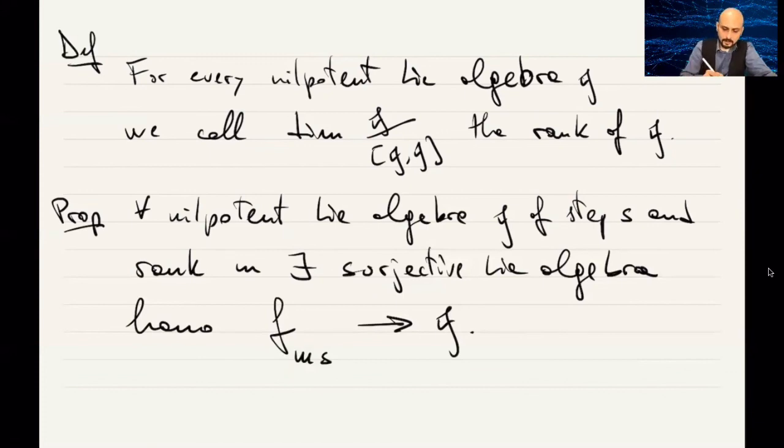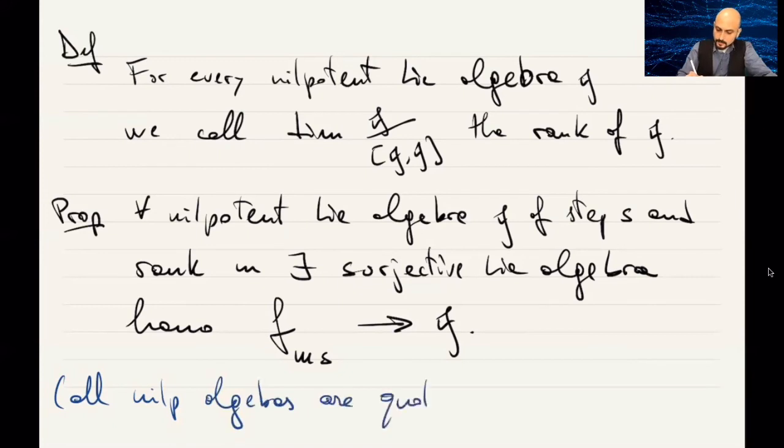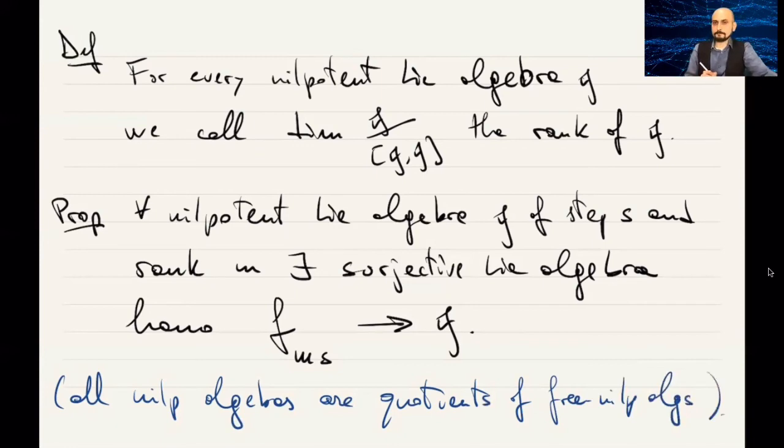So, in other words, all nilpotent algebras are quotients of free nilpotent algebras. Okay. Let's see some examples of free nilpotent algebras.